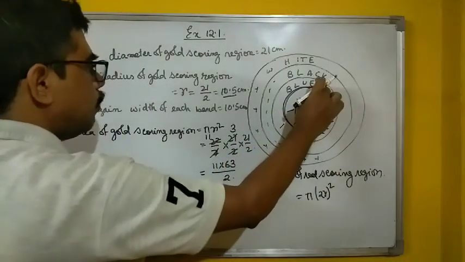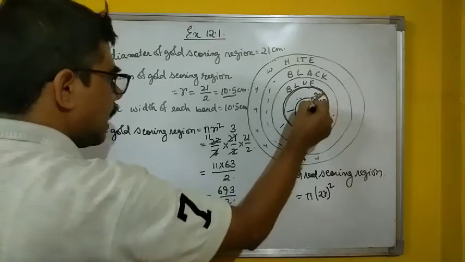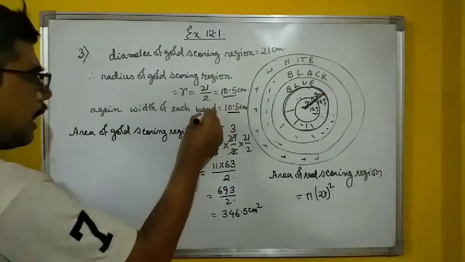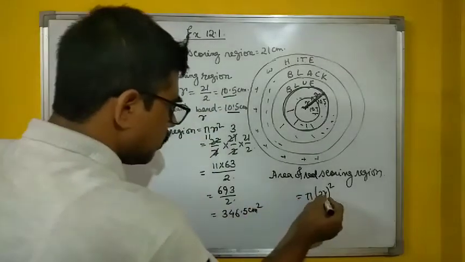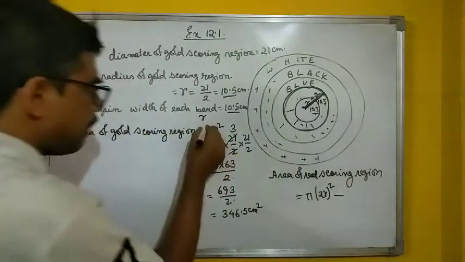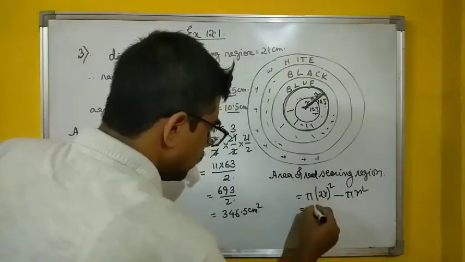This is R, this is also R, for the blue and red both, because this 10.5 is R. Here also 10.5, this is also R. So it is pi into 2R whole square minus the gold scoring region, which is pi r square. So what will we get?